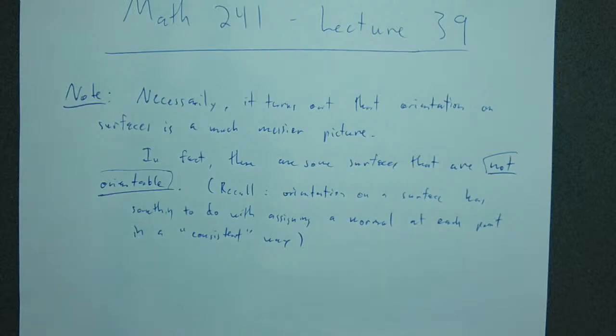The reason I talk about it is because defining and computing the surface normal is very important to computing surface integrals, because the surface normal we computed back at the end of chapter 14 shows up in our definition of surface integral.